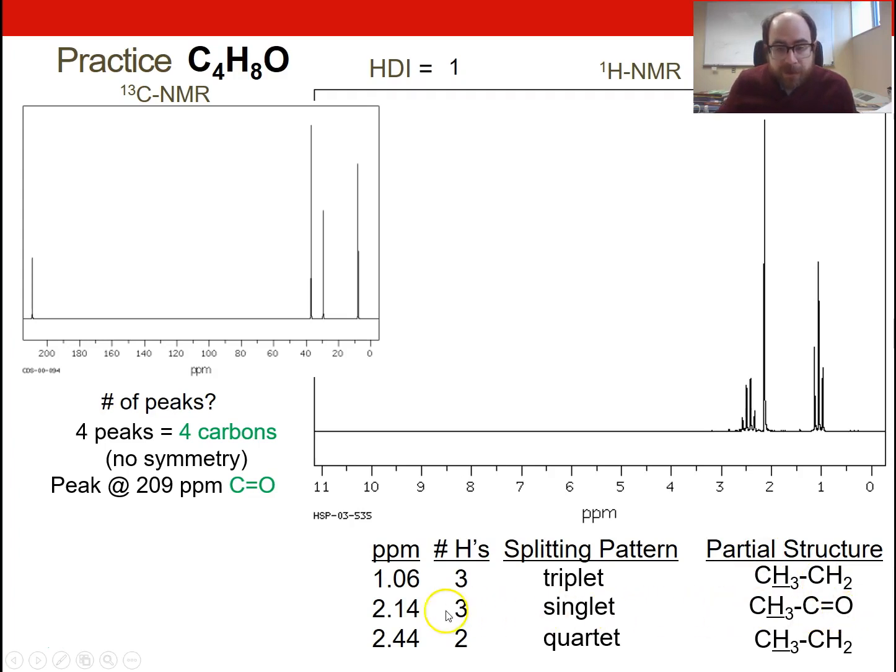The singlet here we can generate based on our carbonyl. By putting the carbonyl adjacent to this, we have a splitting pattern that essentially sees no hydrogens, right? Based on our n+1 rule, it sees no adjacent hydrogens. So a way to do this is thinking about putting that carbonyl in the carbon chain, so we do not see any adjacent hydrogens. And that corresponds to a methyl group on this side because it has an integration of 3.